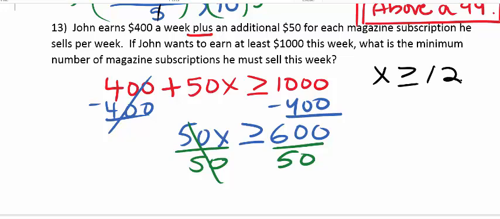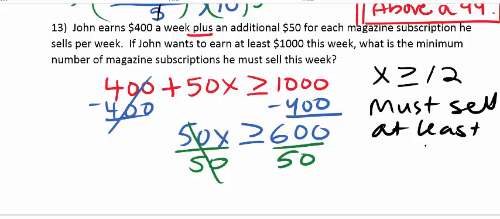Therefore, he must sell at least 12 magazine subscriptions to earn at least $1,000 this week. So he must sell at least 12 subscriptions.